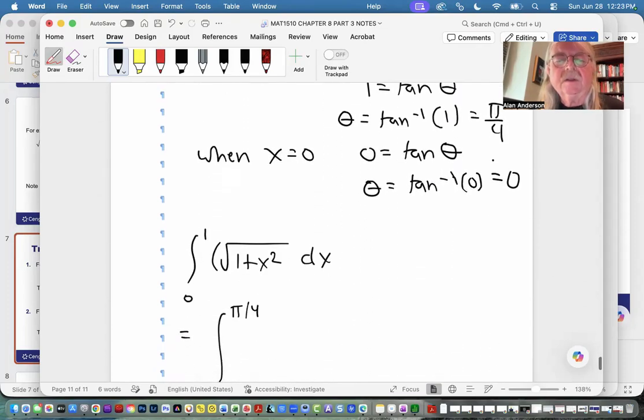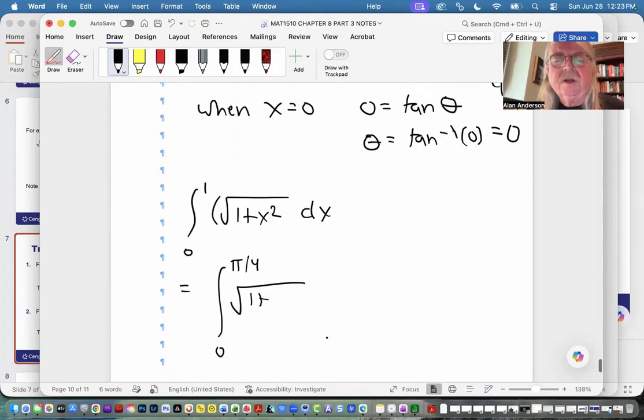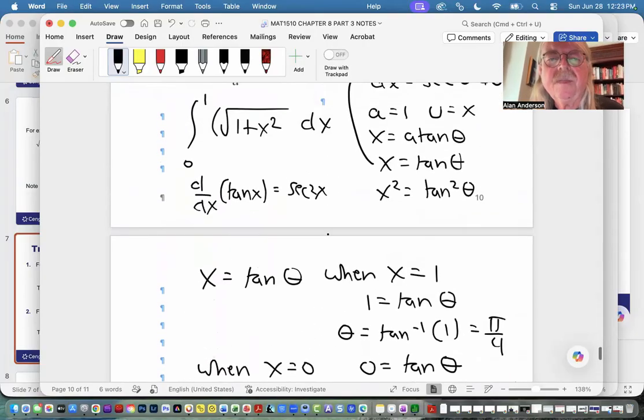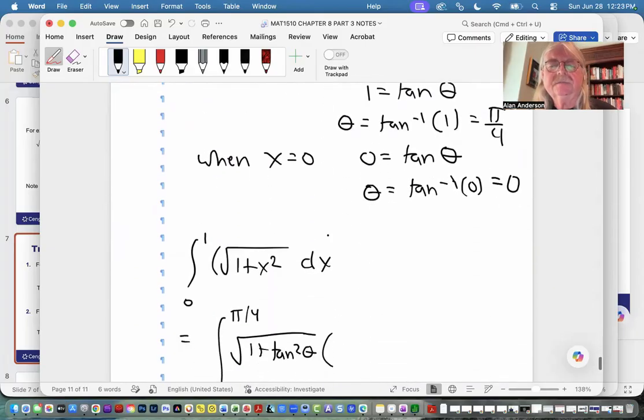So we're going to end up with the radical of 1 plus tangent squared theta, because that's x squared, and dx is being replaced with secant squared theta d theta.